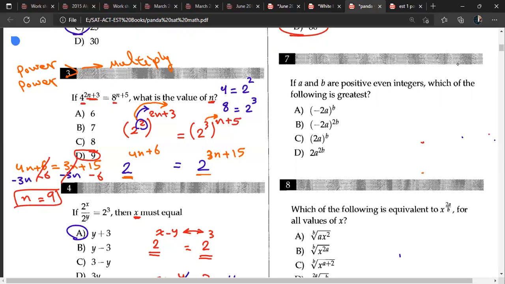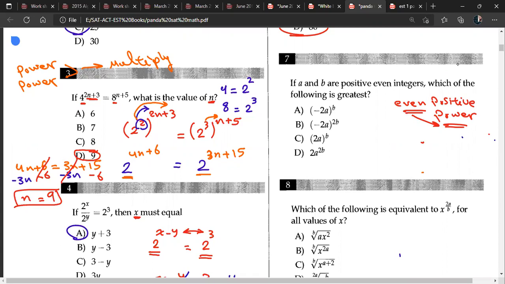When you have an even power, the value, even if it is negative inside the bracket, becomes positive.